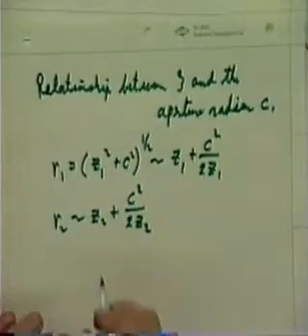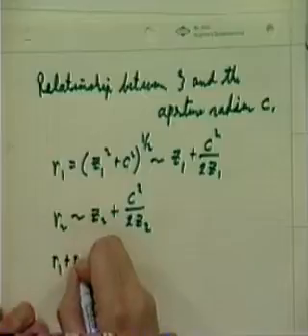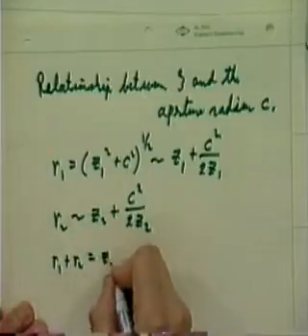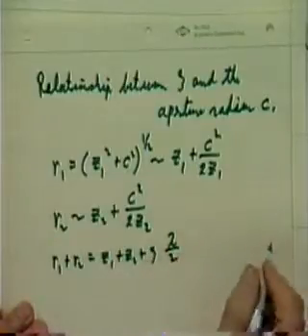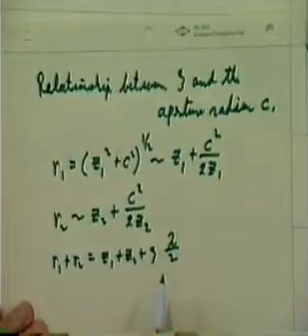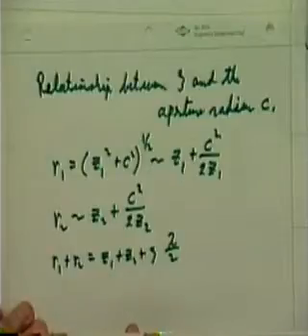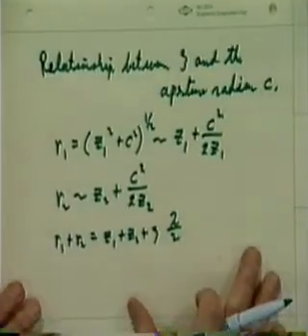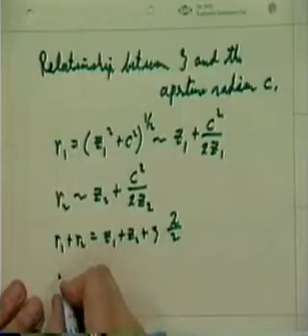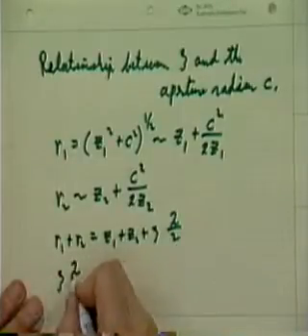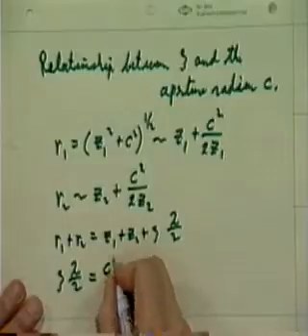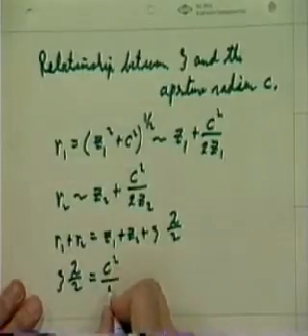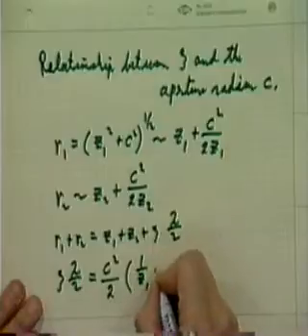And so what we have here is that R1 plus R2 is Z1 plus Z2 plus squiggle lambda over 2. And so now we can say that squiggle lambda over 2 is equal to, from up here, just C squared over 2 times 1 over Z1 plus 1 over Z2.